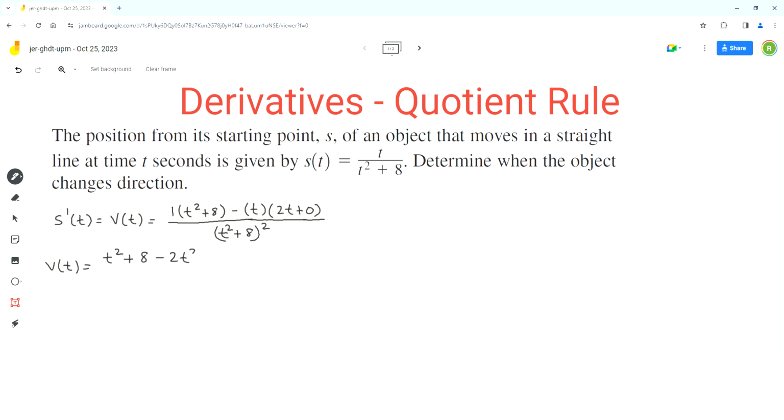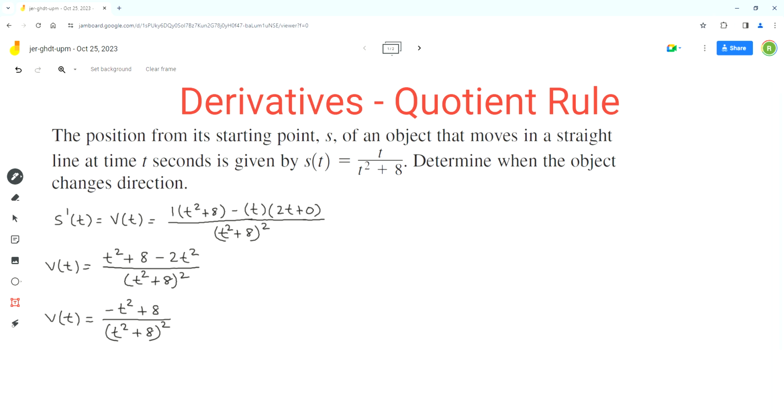So we get negative 2t squared over the denominator. Now we can simplify by combining like terms in the numerator. t squared minus 2t squared is negative t squared, so we get v(t) = negative t squared plus 8 over (t squared plus 8) squared.